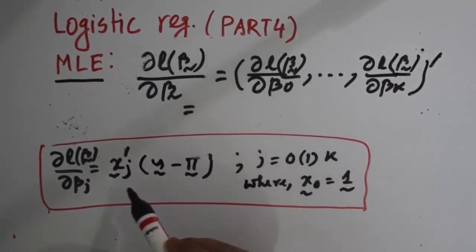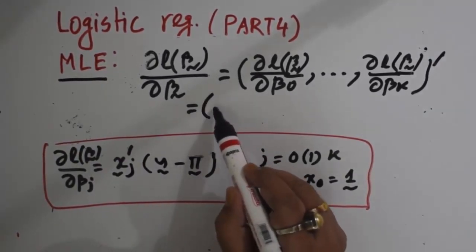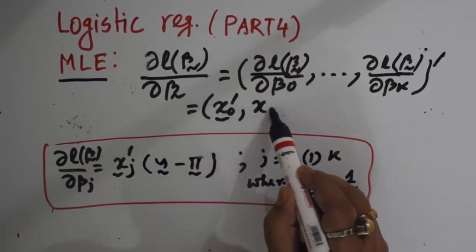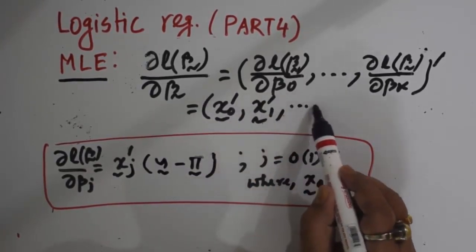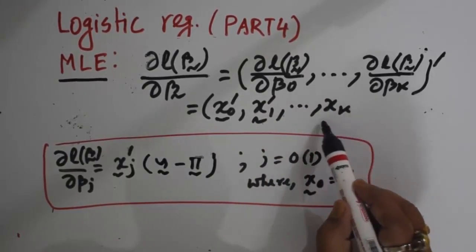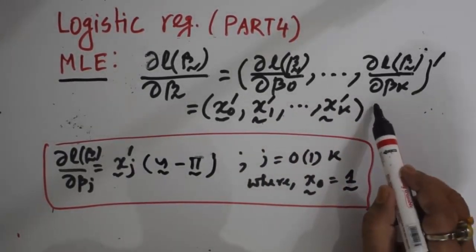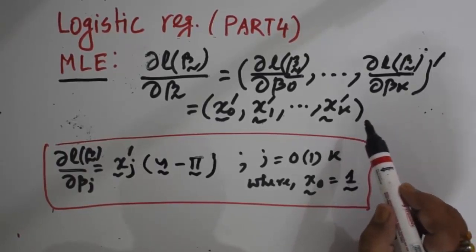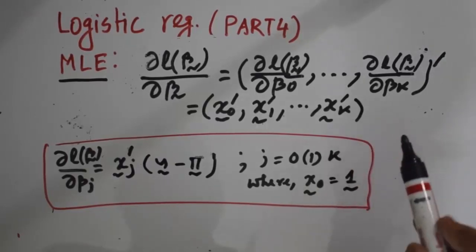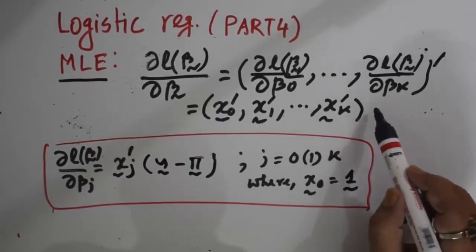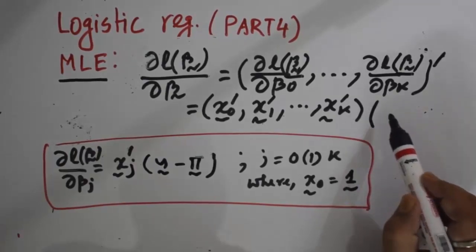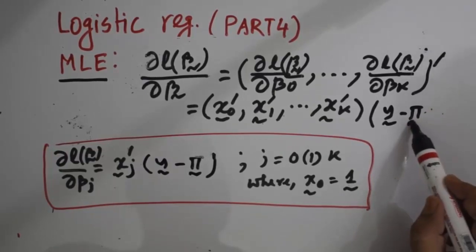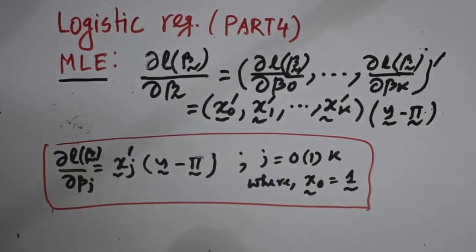So if we replace this, then x naught curl prime, x1 curl prime, ..., xk curl prime times y curl minus mu curl.